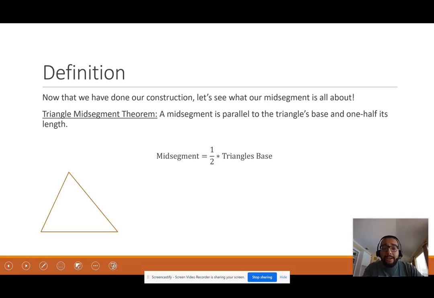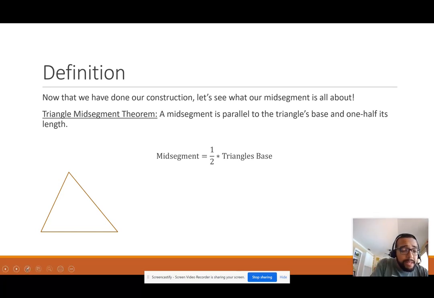And so here I'm going to try to recreate what you did on your patty paper. It won't be perfect, and honestly, it's not going to be accurate whatsoever. This is just a really rough example, just to make sure we understand what the mid segment is.